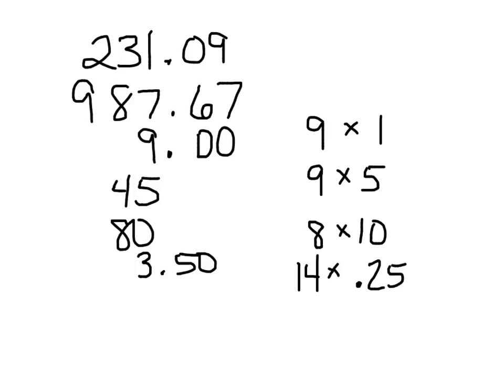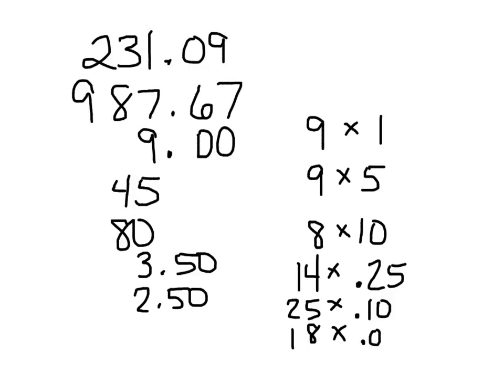Then it goes on to say 25 dimes. How much is a dime worth? 10 cents. Good. What's 25 times 0.10? $2.50, I believe, right? Okay. Then it goes on to say you have 18 nickels. How much is a nickel worth? 5 cents, correct.